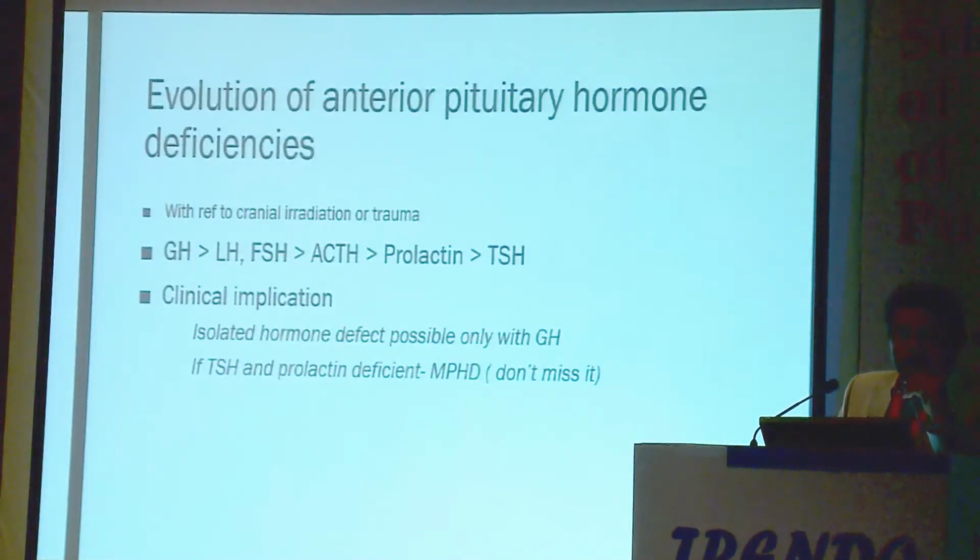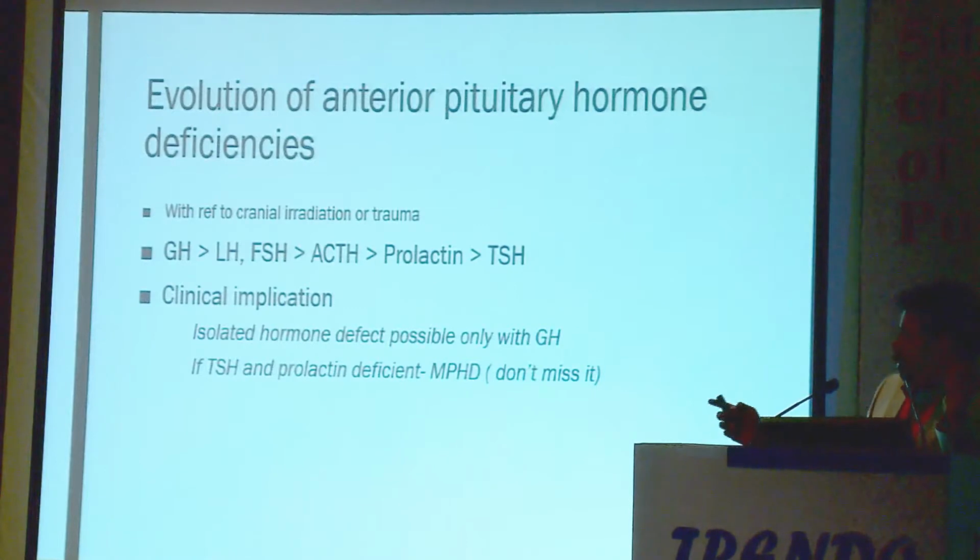And a note on how these anterior pituitary hormone deficiencies evolve when an insult occurs. This is particularly with reference to cranial irradiation or following head injury. Remember that many patients undergo cranial irradiation, not only for pituitary tumors but for other lesions, and patients who have significant head injury develop hypopituitarism over a period of time.